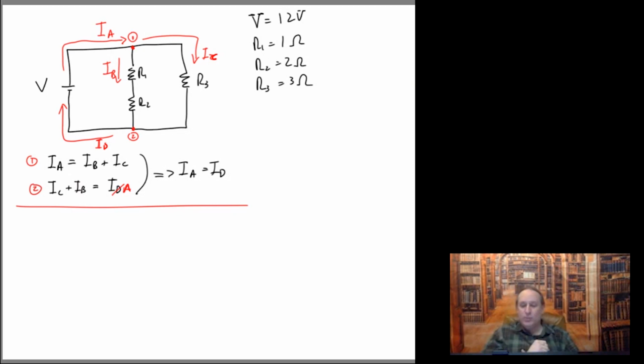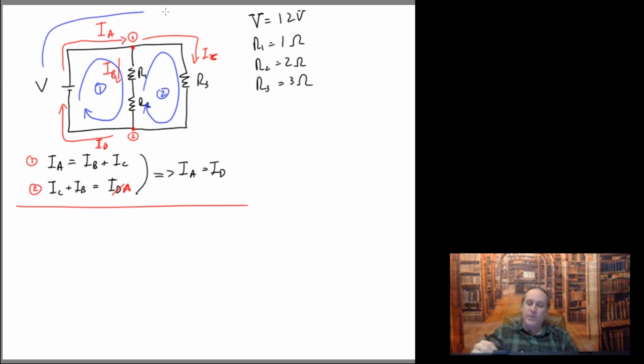Okay, so how many loops do I have? I see 3 loops. The loops that I see are one that goes around like that. Let's call that loop 1. And then I see another loop that goes around over here. We could call that loop 2. And then there's one big loop that goes around the outside. We could call that loop 3.